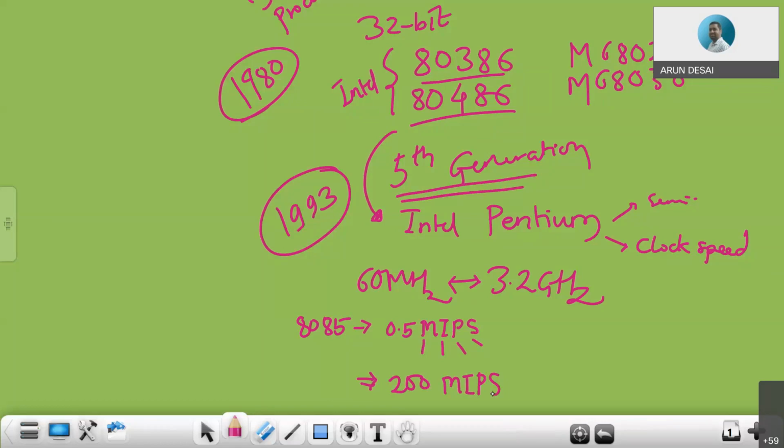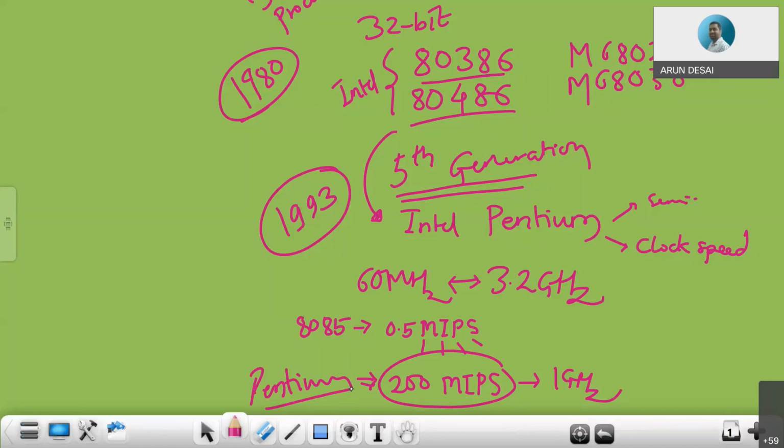They came up with it on 1 gigahertz operating frequency, right? At that operating frequency, they have come up with 200 million instructions per second in Pentium processors, right? So those were few additions in fifth generation. So Pentium processors are there in fifth generation.